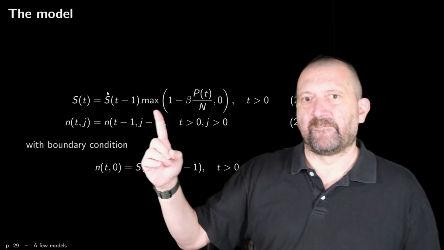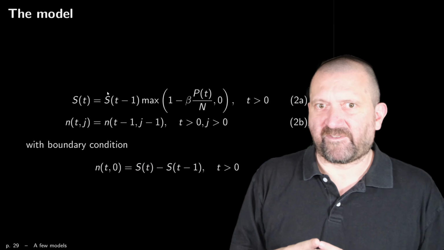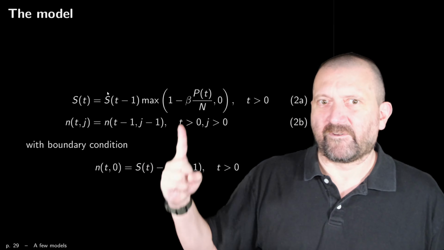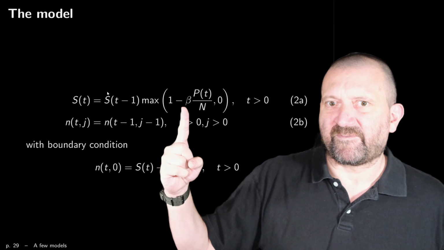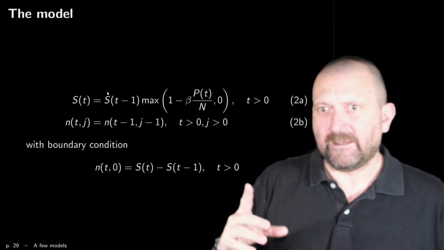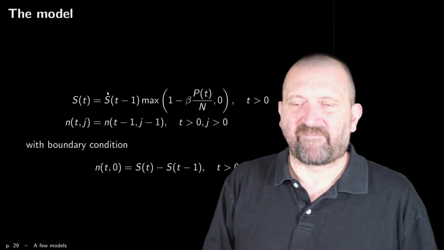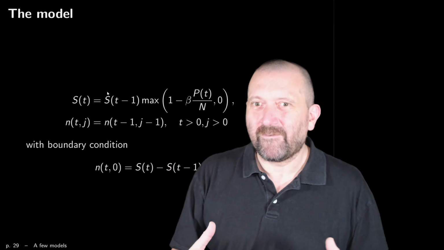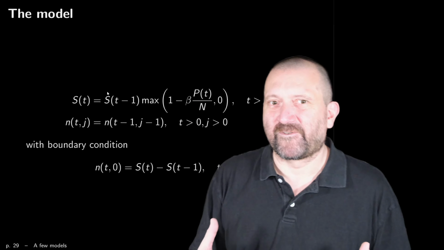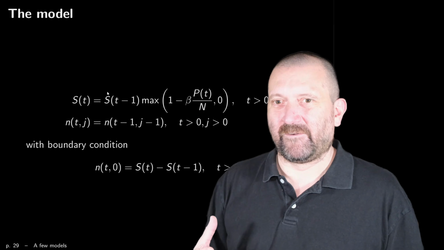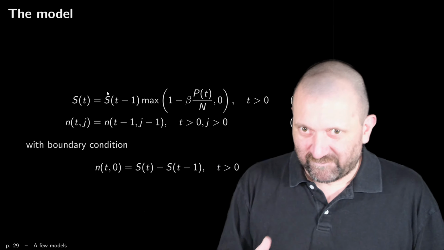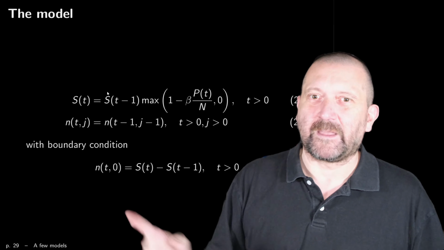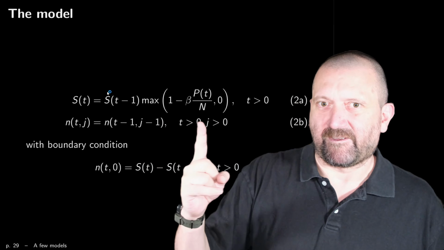That maximum here is to avoid, of course, things becoming negative, because this number, 1 minus beta P of t over N, has no reason to stay positive. So to ensure that solutions remain non-negative, they use this max here.